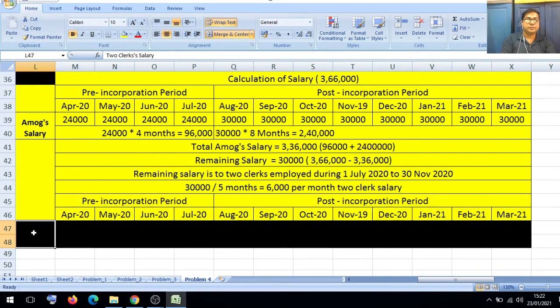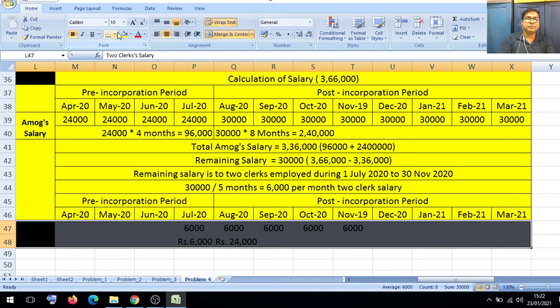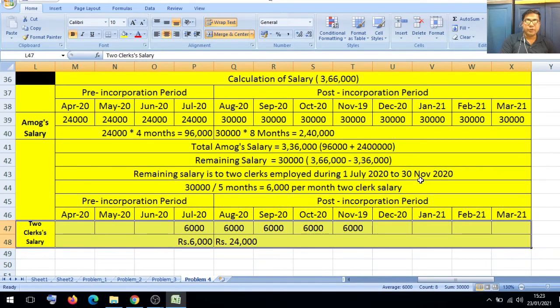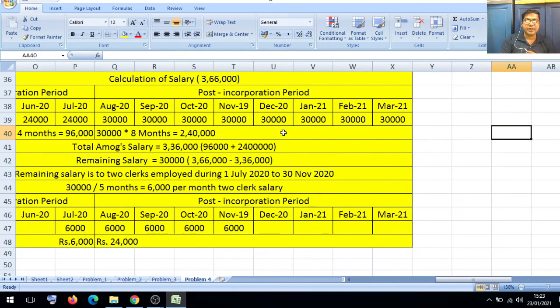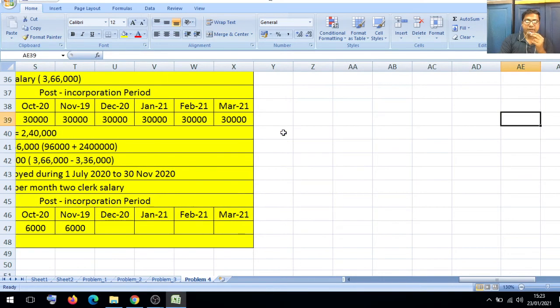July belongs to the pre-period, so the two clerks' salary in the pre-period is 6,000, and in the post-incorporation period it is 6,000 into 4 months, so 24,000. So the two clerks' salary is 6,000 and 24,000, and Among's salary is 96,000 and 2,40,000. These things we should write in our statement showing profit and loss.